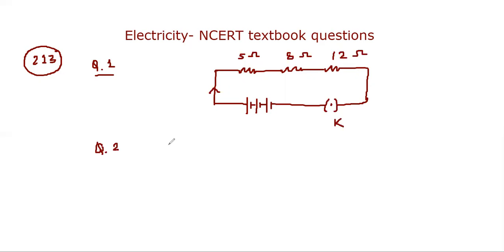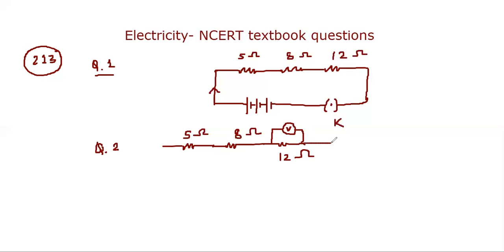So same diagram, 5 ohm, then 8 ohm, then this is 12 ohm, and there is voltmeter here, and then ammeter.